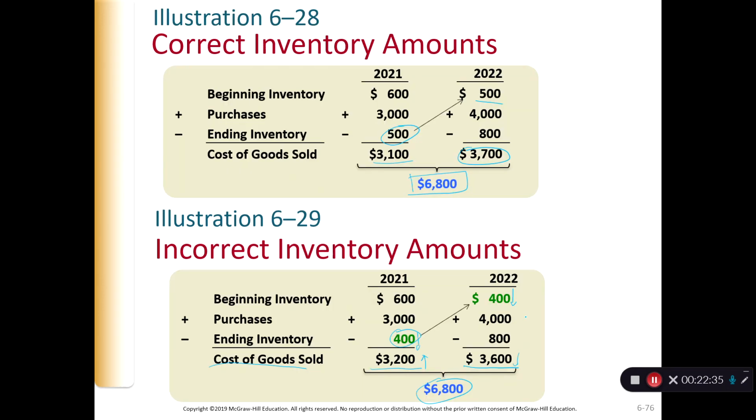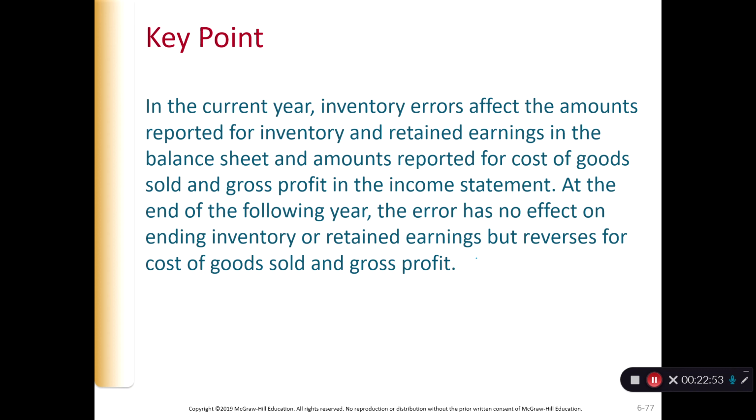So in other words, when you underestimate ending inventory, you are overestimating cost of goods sold for this period. But when you carry that underestimated ending inventory to the future period, cost of goods sold will also be underestimated. The key point is that in the current year, inventory errors affect the amount reported in inventory and the retained earnings on the balance sheet, right?